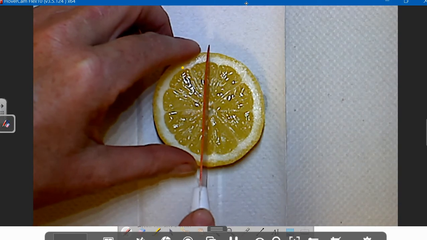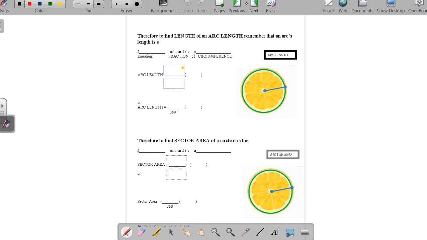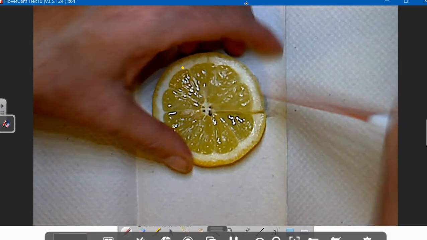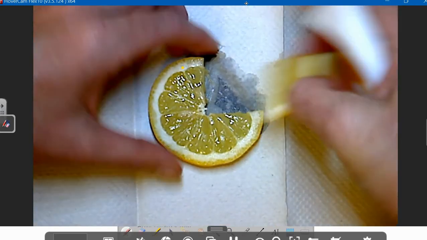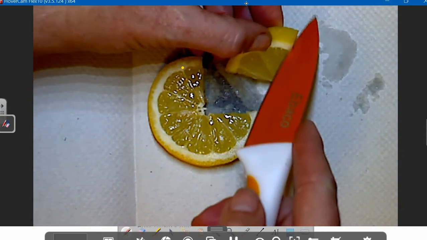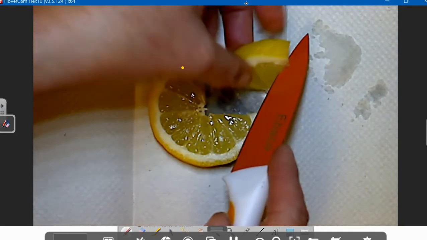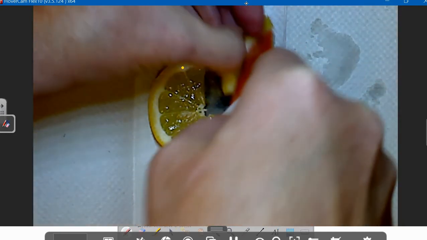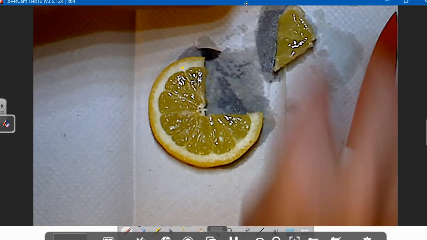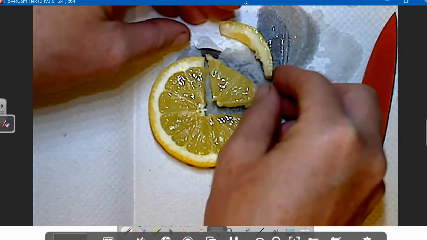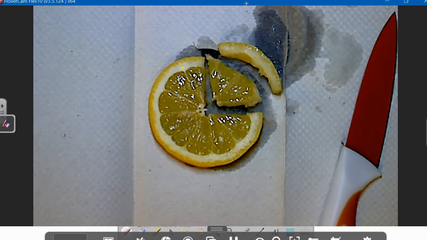If I were to slice a 90-degree slice like this, slice it out, and I were to remove the pulp from the pith, this right here would be considered an arc length, a piece of an arc.